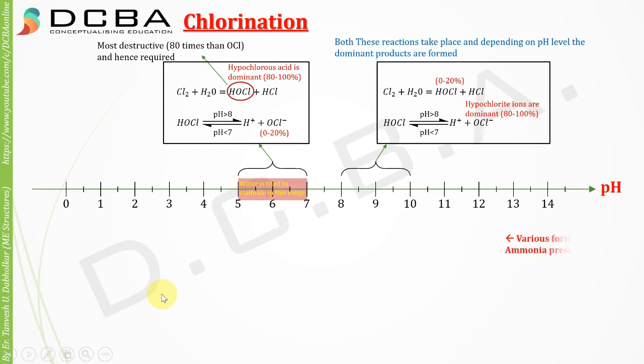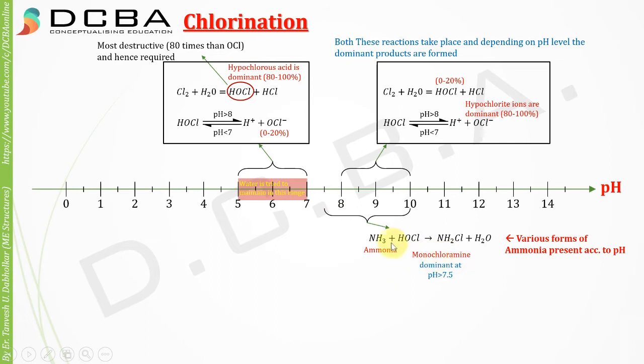Now the various forms of ammonia that are present based on the pH level are, first, when the pH is between 8 to 10, ammonia is present in its natural form, and when it reacts with the hypochlorous acid, it forms NH2Cl, that is monochloramine, plus water, and it is dominant at a pH of greater than 7.5.